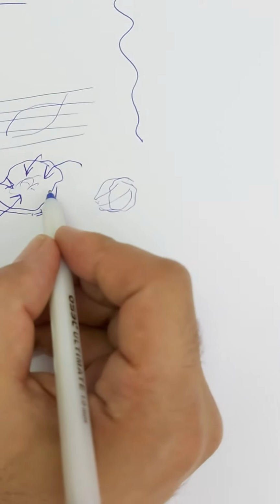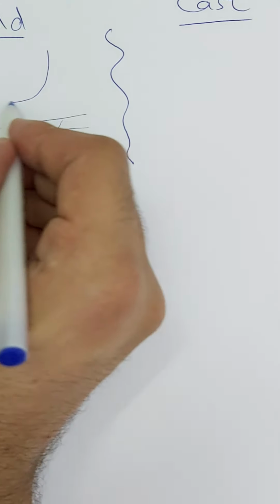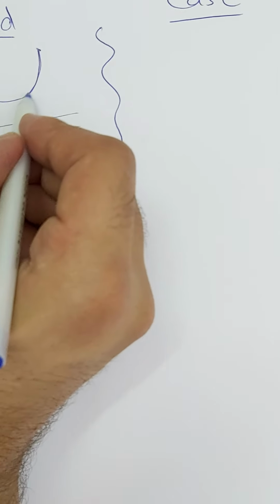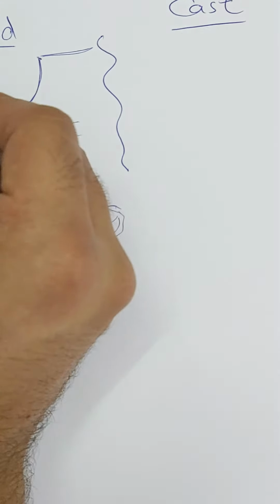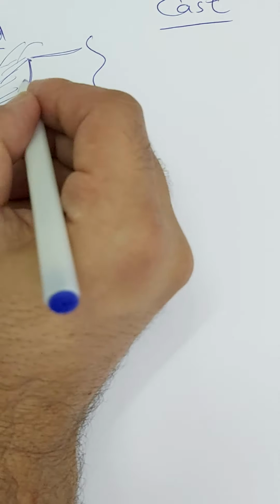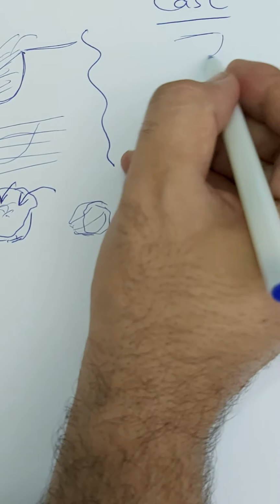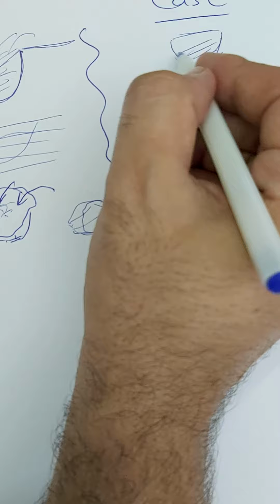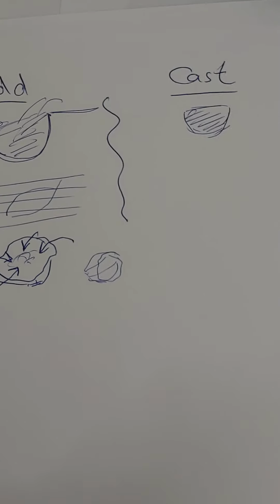So the mold means like this, and this is the mud, for example. And if it is filled with mud, so the mud here, we can replace it like this, so it will take the shape of it.